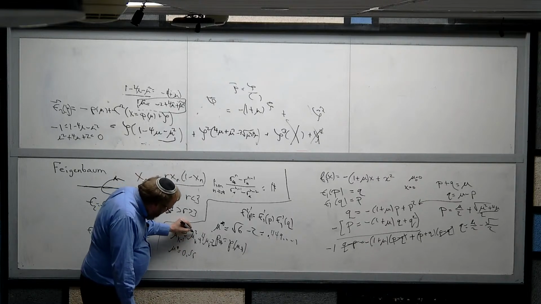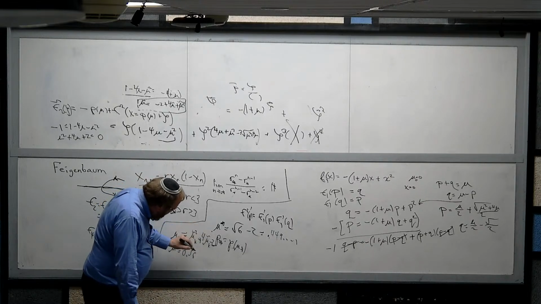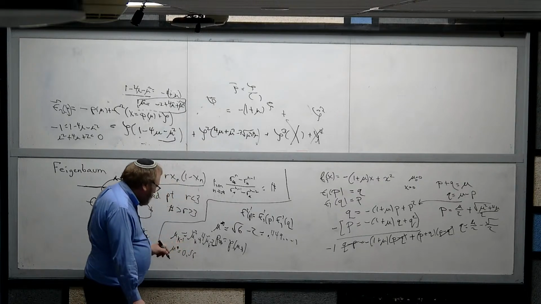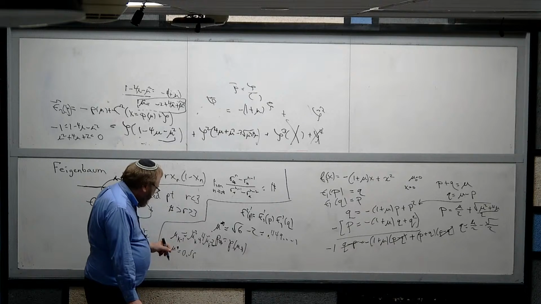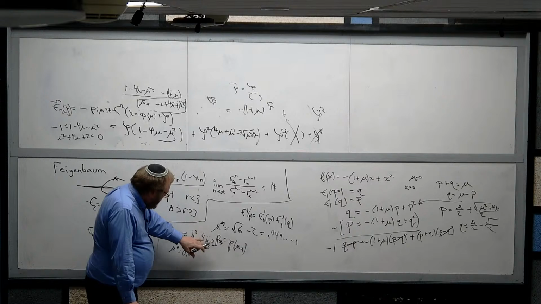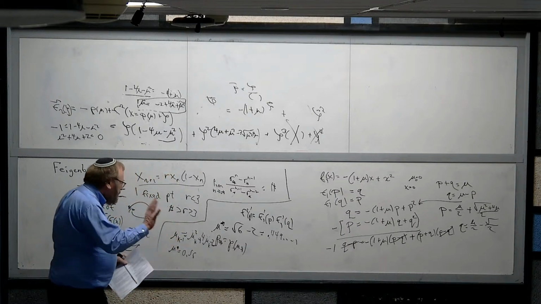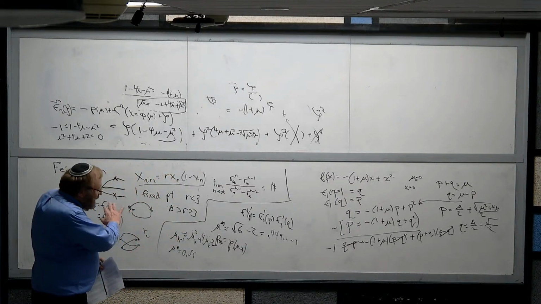mu, now we have this thing, and this should be mu tilde, but the other one will be mu tilde. Whatever, it doesn't matter.